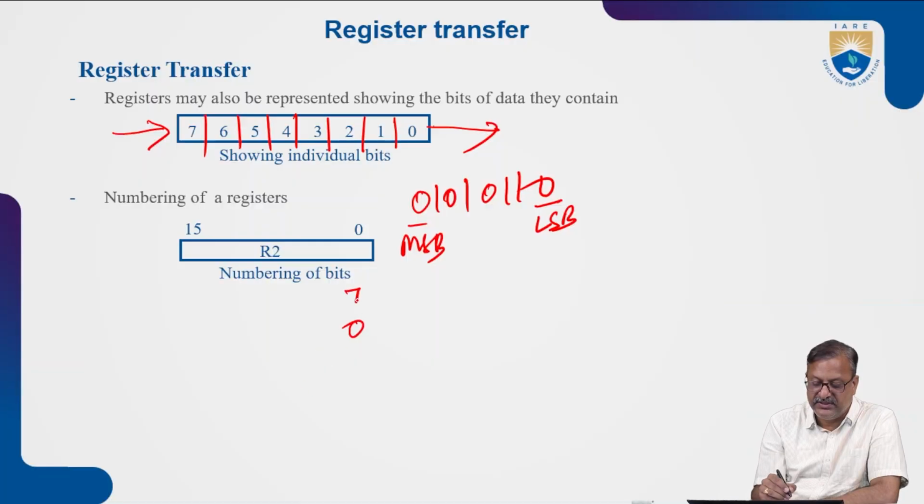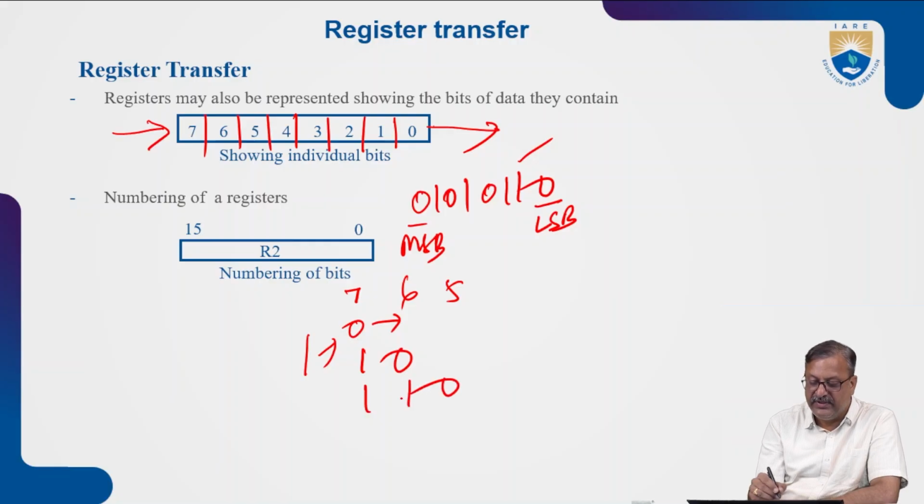Now it is in the 7th position. Next, if 1 enters here, the 7th bit will be moved into the 6th bit position, so the positions will be 1, 0. Next, if you move 1 in, the bits shift again and it will be 1, 1, 0.